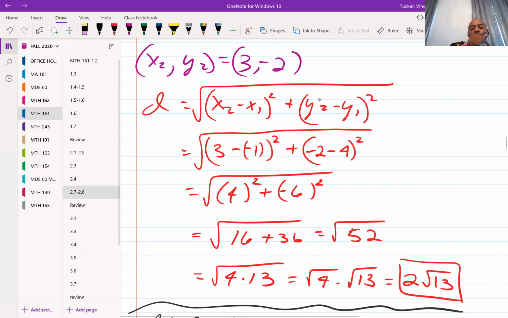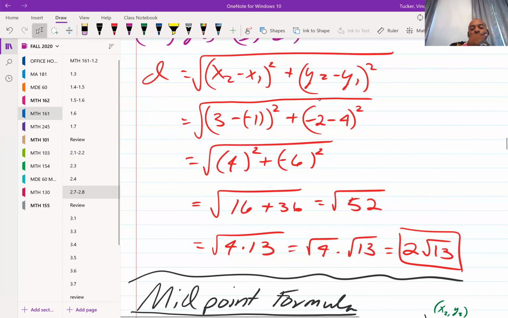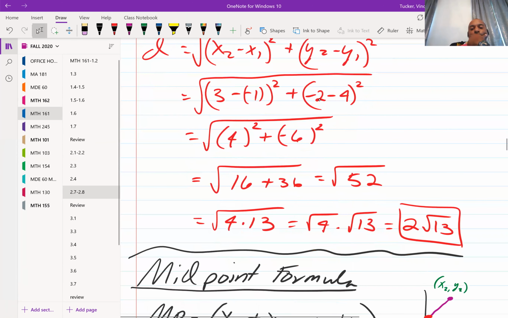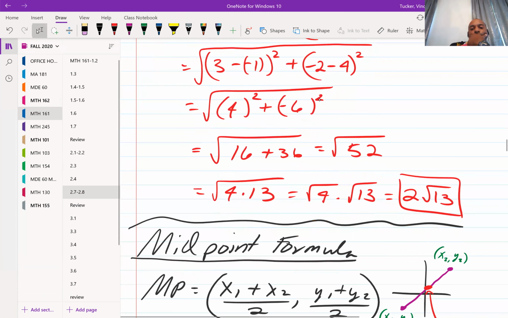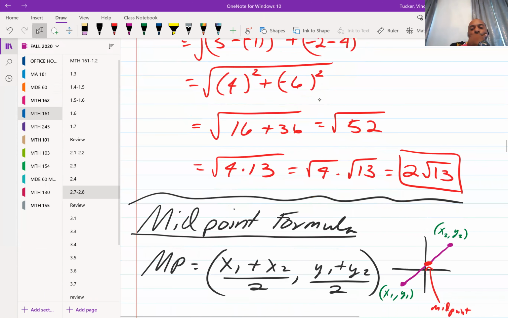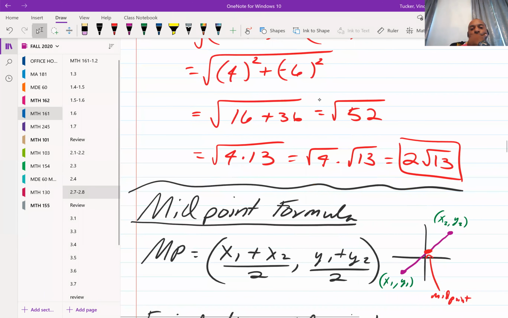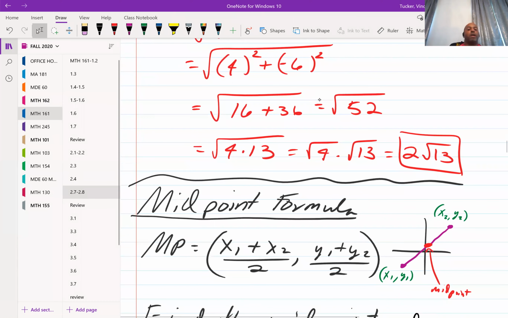All right, trying to scroll up, but it's still copying. All right, next formula is the midpoint. Looking at our midpoint formula, x1 plus x2 over 2, y1 plus y2 over 2.